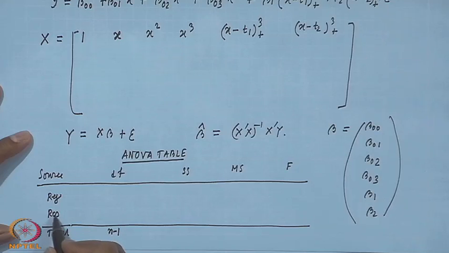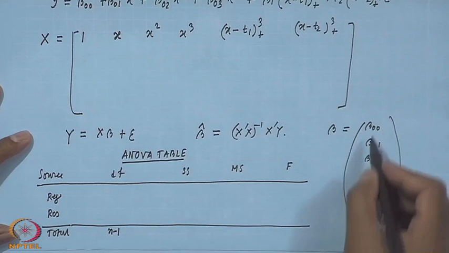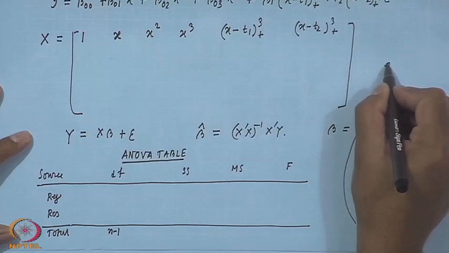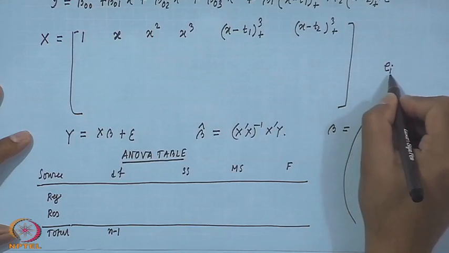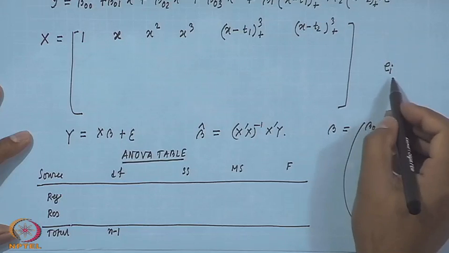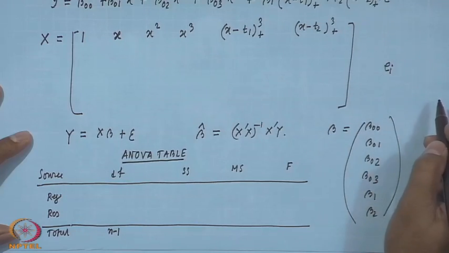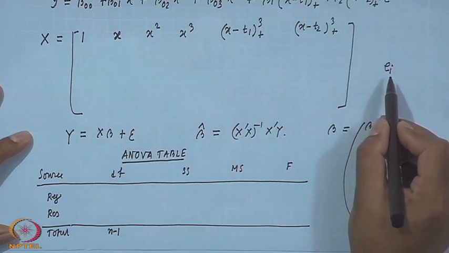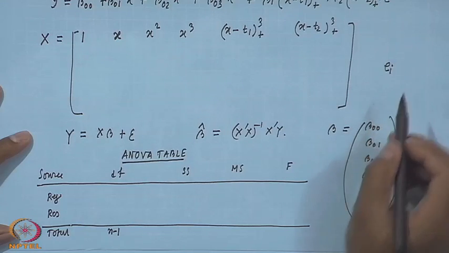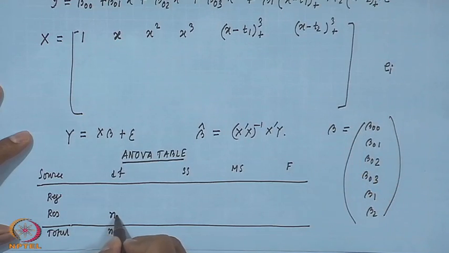and here you can see that there are 6 parameters to be estimated. So, when you compute the degree of freedom for residual, there are n residuals e i, and since you have 6 parameters, there will be 6 restrictions on e i. So, the residual degree of freedom is n minus 6, right, n minus 6.